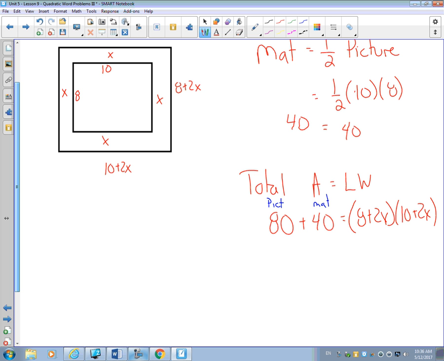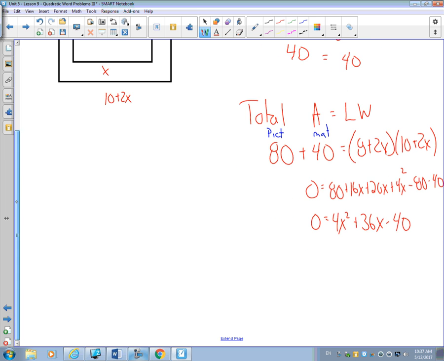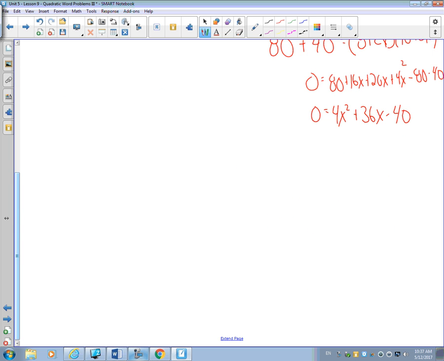Okay, let's do our standard math here. Let's do our FOIL. 80 plus 16x plus 20x plus 4x squared minus the 80 minus the 40. Okay, so we're collecting: 4x squared plus 36x minus 40. Okay, ready to go. Standard form equal to 0. Let's try solving. Okay, make it easier first. Oh, that's an easy one.